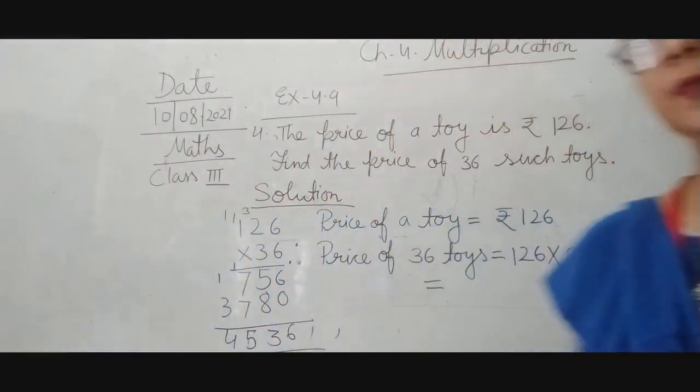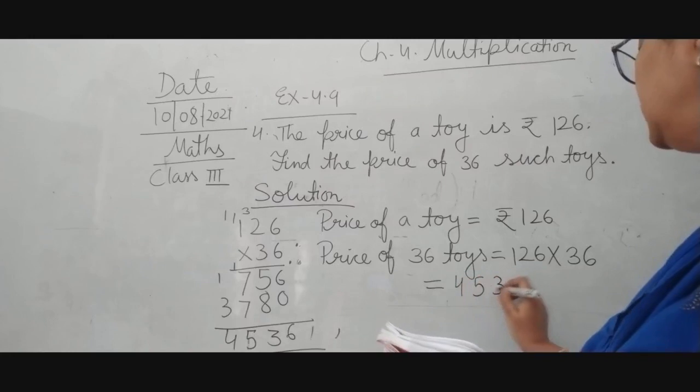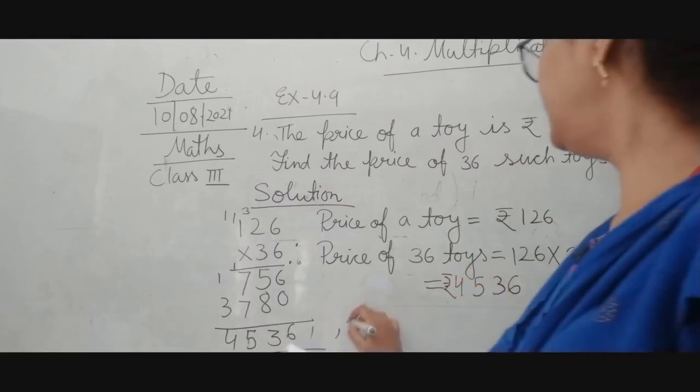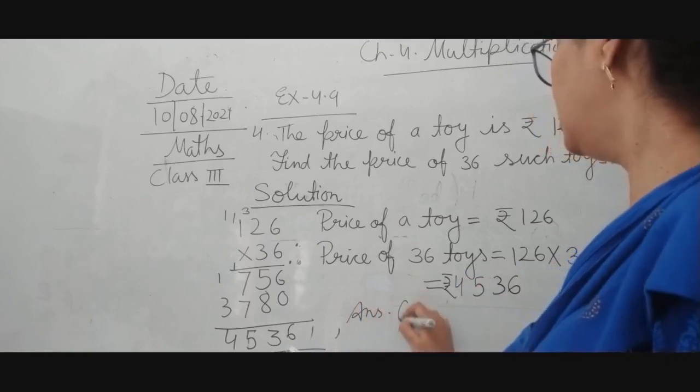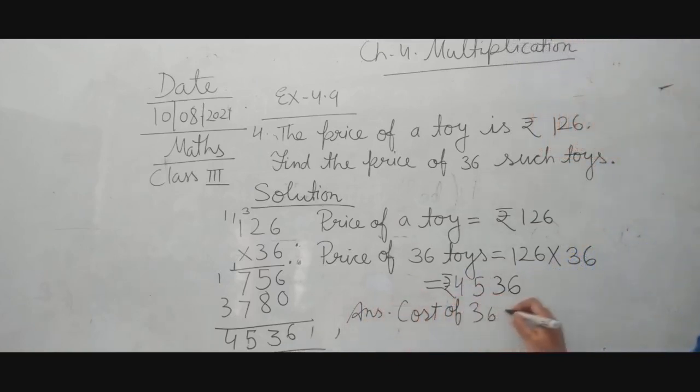So we will write over here: 4,536 rupees. The cost of 36 toys is rupees 4,536. So this is your answer, children.